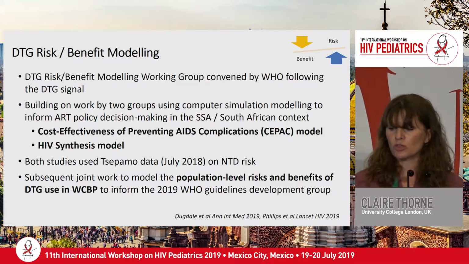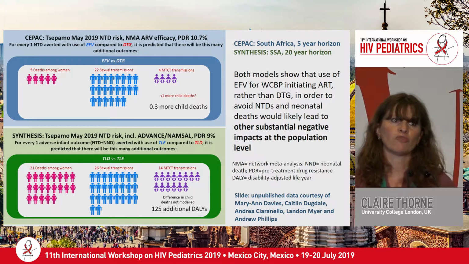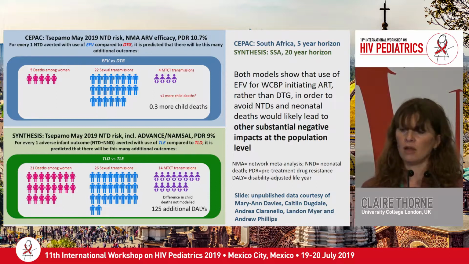So subsequent joint work has been to model the population-level risks and benefits of Dolutegravir use to inform the 2019 WHO guidelines. And I'd like to thank the working group for allowing me to share this summary slide, which is unpublished data.